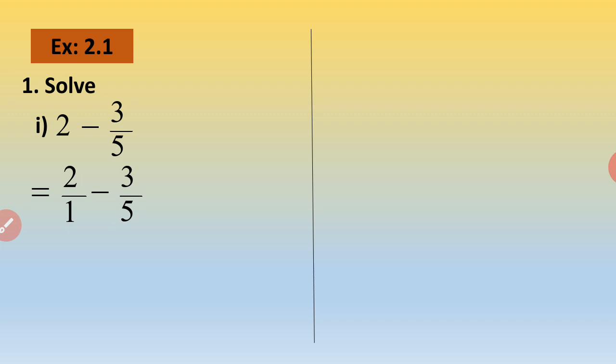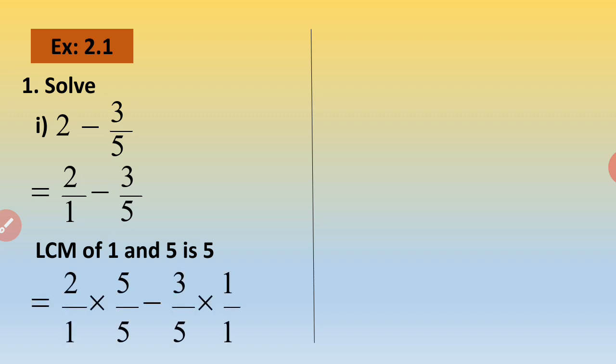The next step is finding out the LCM. Here the LCM of 1 and 5 is 5. Let us make the corresponding changes and try to make the denominators same.